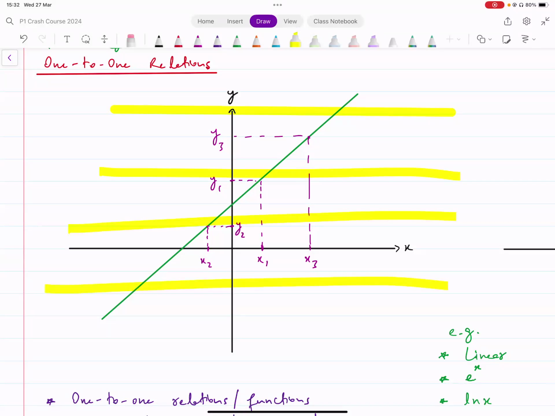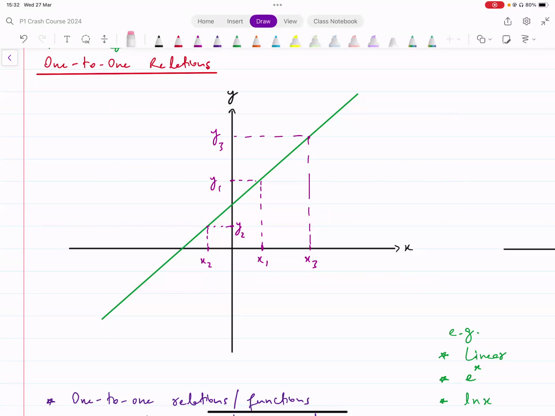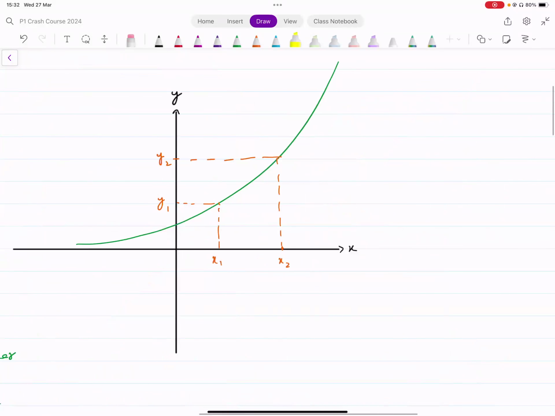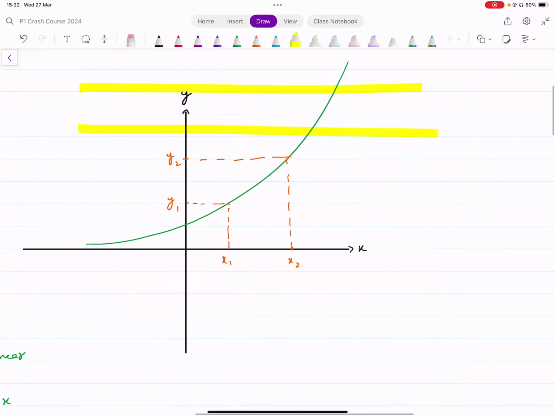Whatever horizontal line you draw, it only cuts the graph at a single point. In this case as well, you can try drawing horizontal lines. All of them cut the graph at only one single point. They do not cut at multiple points. If there's no horizontal line that you can draw that cuts the graph at more than 1 point, that's a one-to-one function.